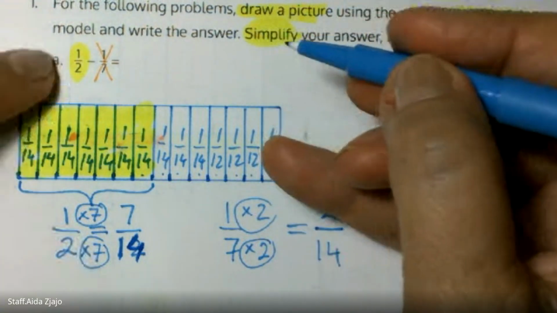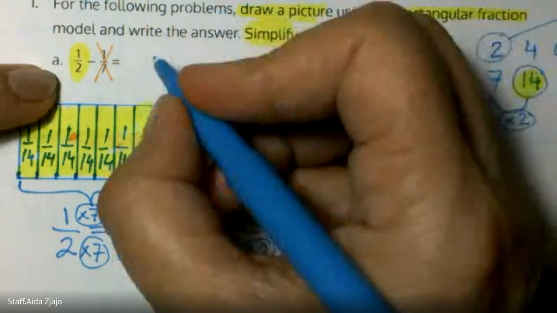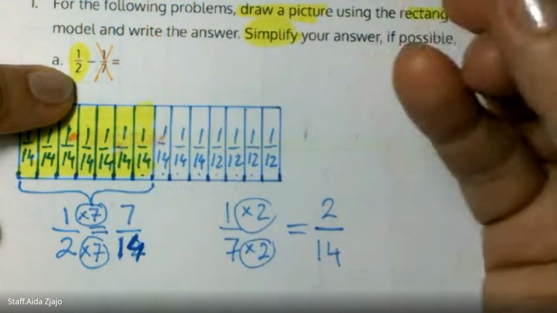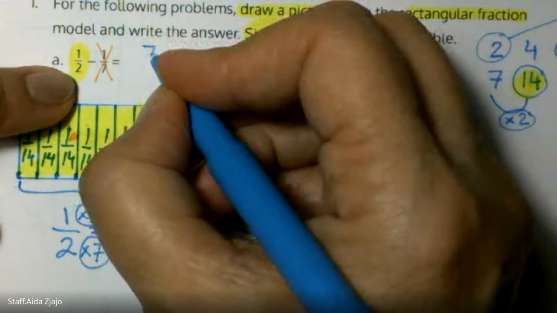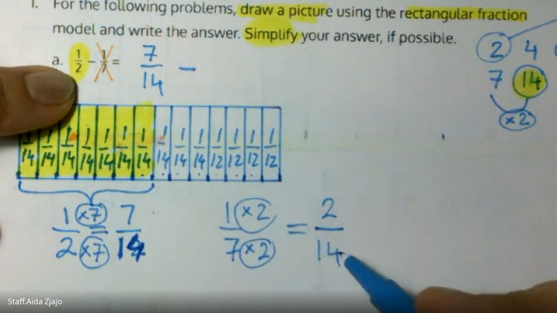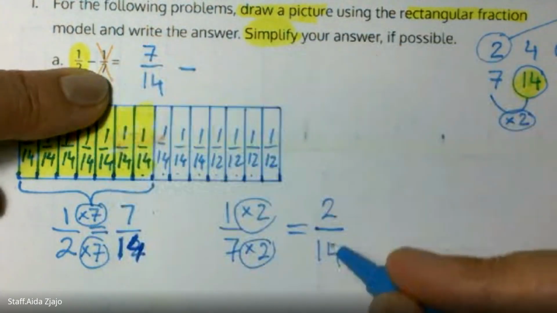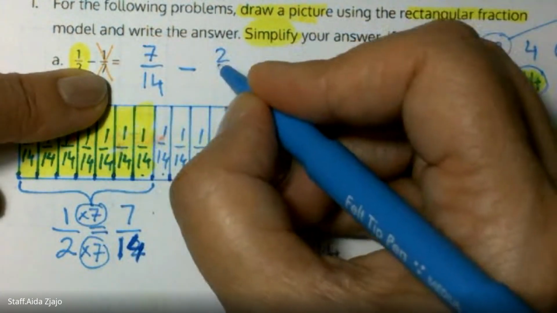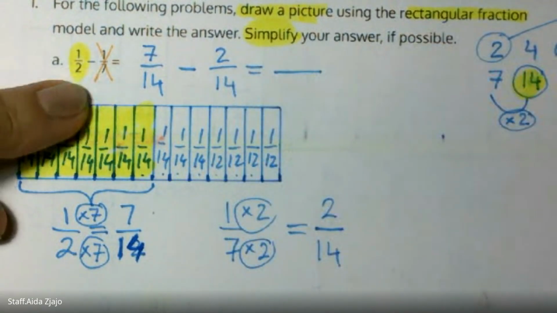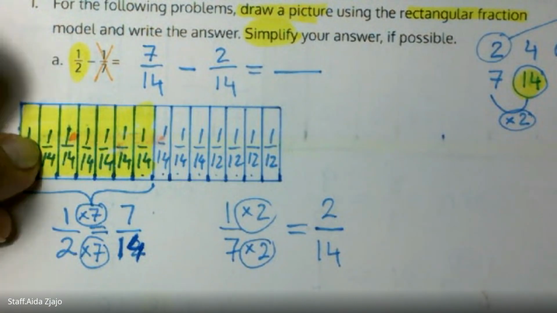So if we go back to our calculation, we can say now, okay, 1/2 is 7 14ths minus 2 14ths. 1/7 is 2 14ths. So now we can subtract. The denominators are now the same size.